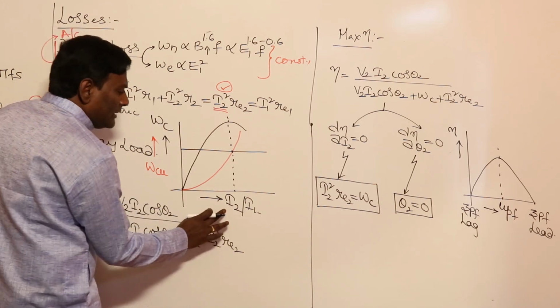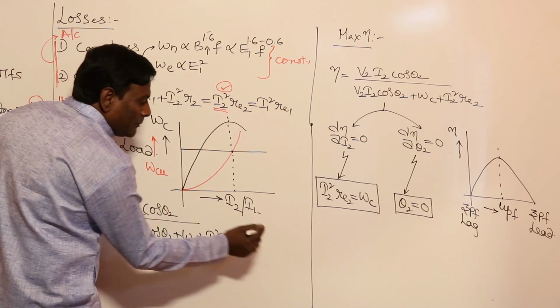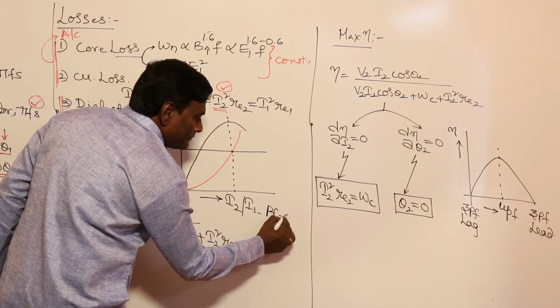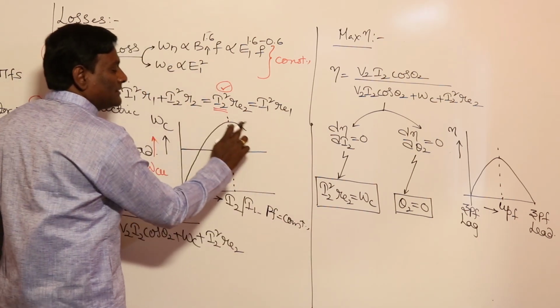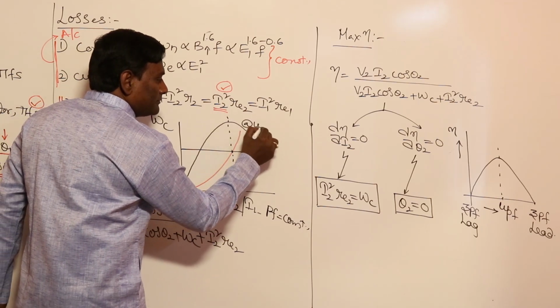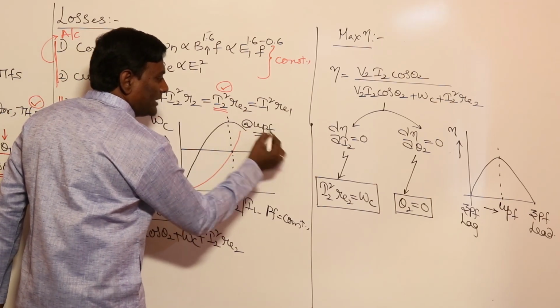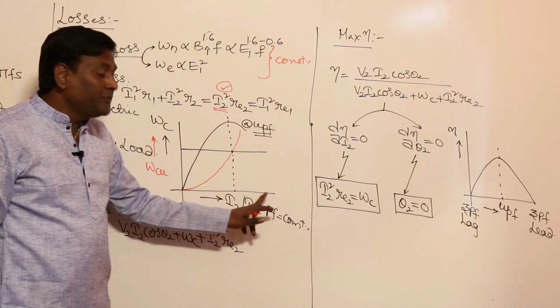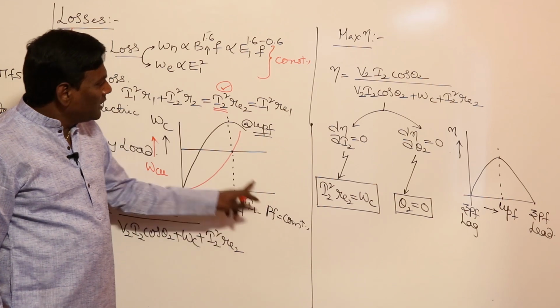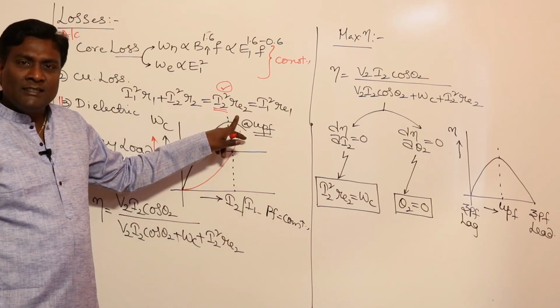If I2 is the variable, then power factor is constant here. For example, this characteristic is at unity power factor, and unity power factor is constant here while I2 is variable.